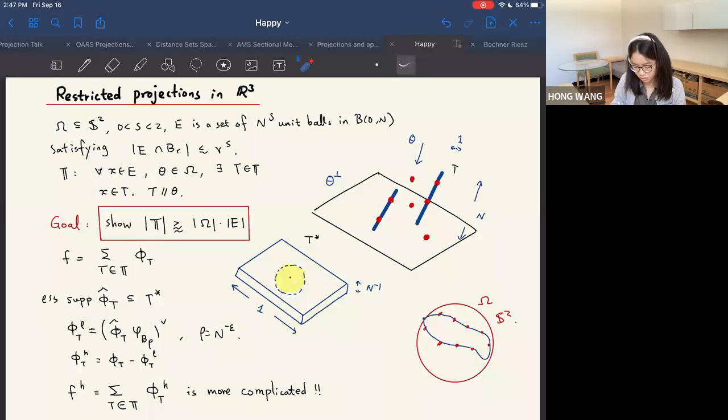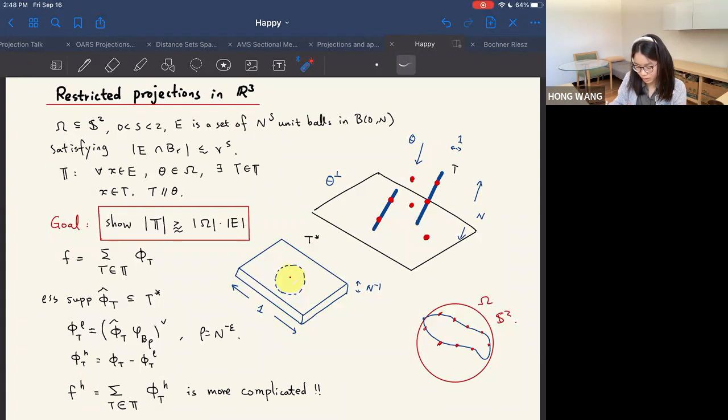So the high frequency part, even though it's way more complicated, still has a one-dimensional nature, so it's kind of doable.